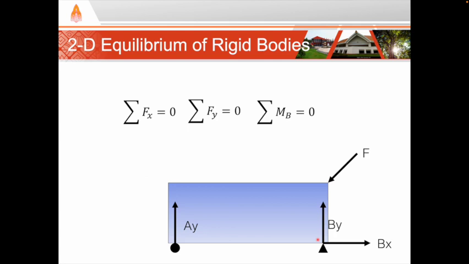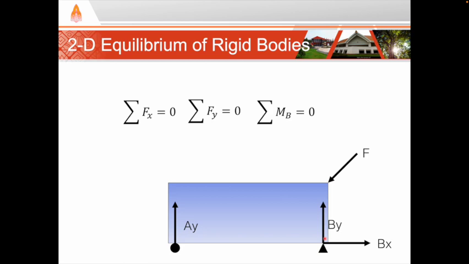So in this problem, we would choose the point B, because we see that at least 3 forces, the y component of F, By, and Bx, all go through the point B. And so by choosing that point, we can ignore those 3 forces when computing the moment.